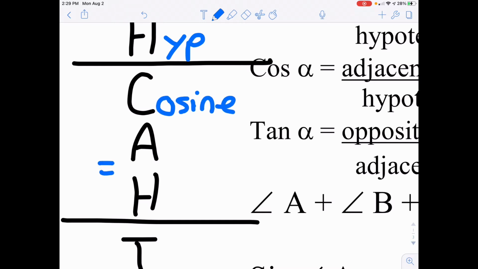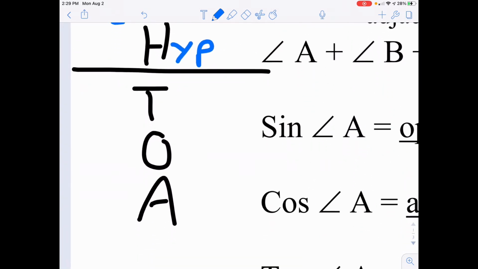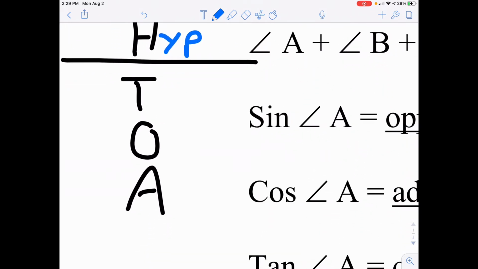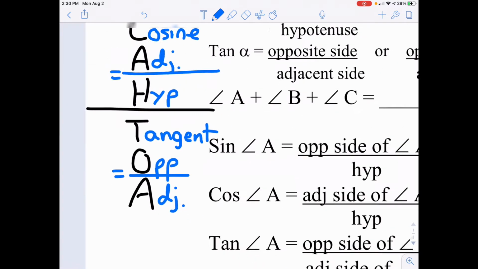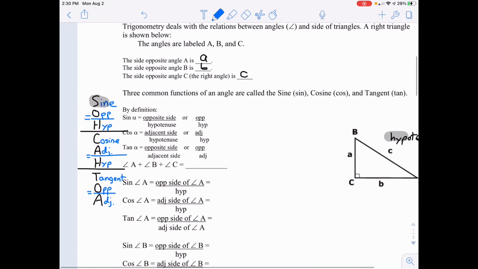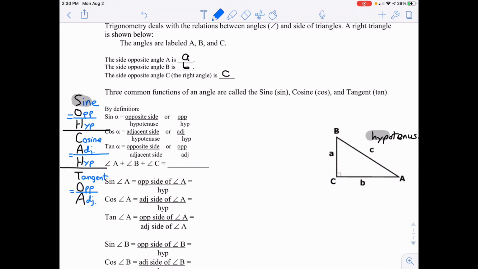And that stands for the adjacent side of the triangle divided by the hypotenuse. TOA, the T in TOA stands for tangent. And that's equal to the opposite side over the adjacent side. Now, what's really important here is that you be able to identify what the opposite and adjacent sides are.